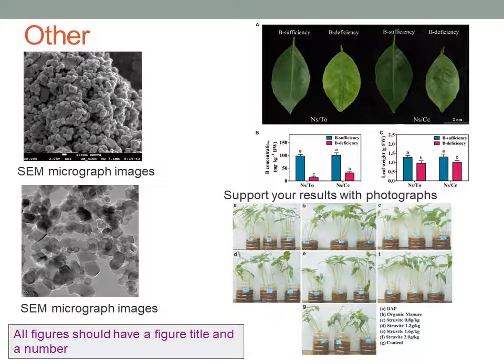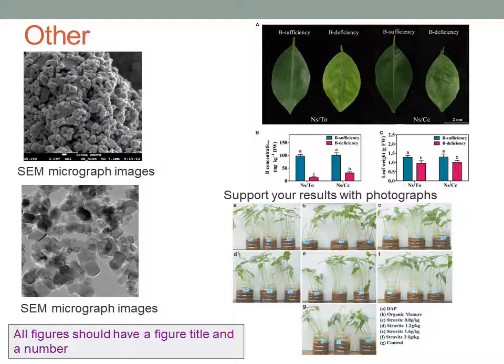And remember, when you put any figure or graph into the thesis or a paper, it should have a figure title and a figure number according to the sequence in which they appear. As I stated for the tables, again the figures should be numbered according to the chapter.